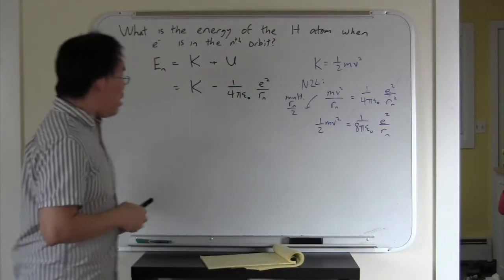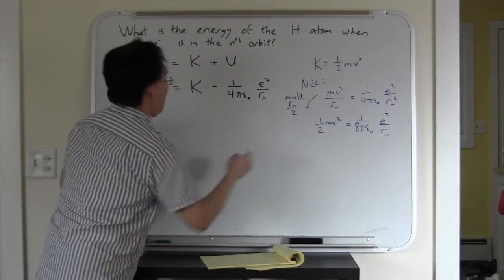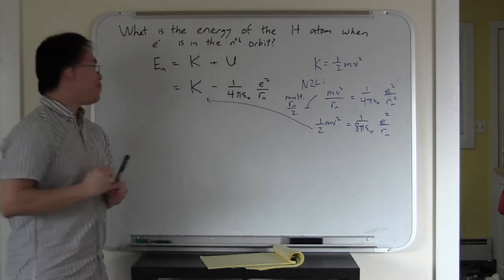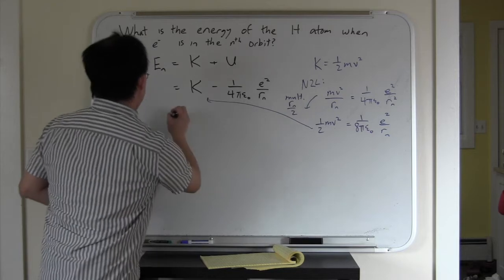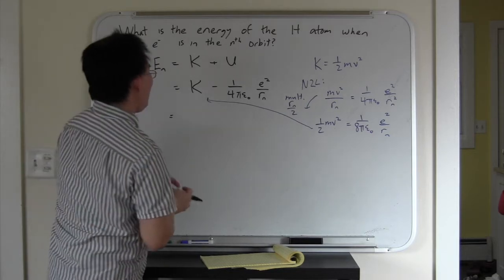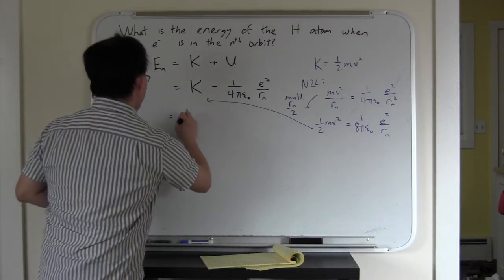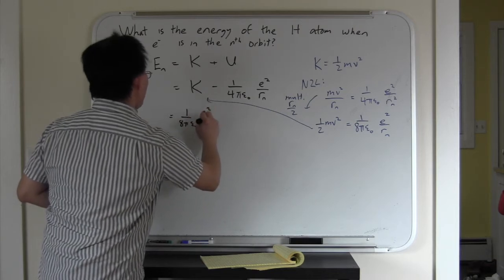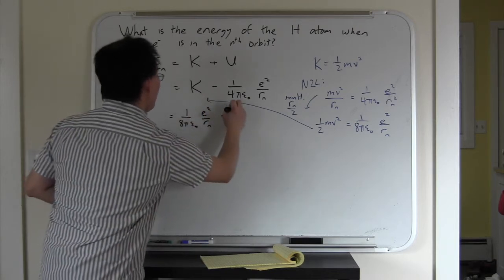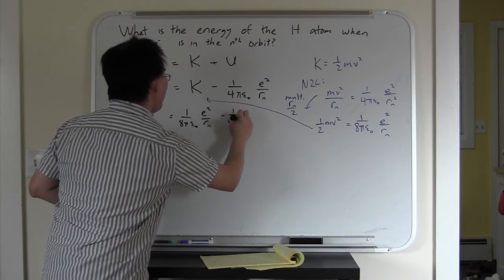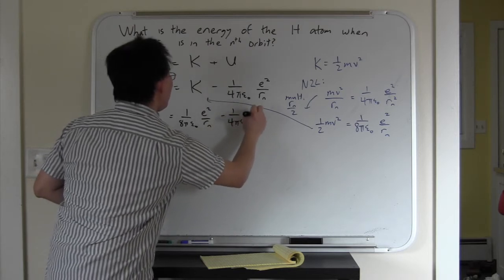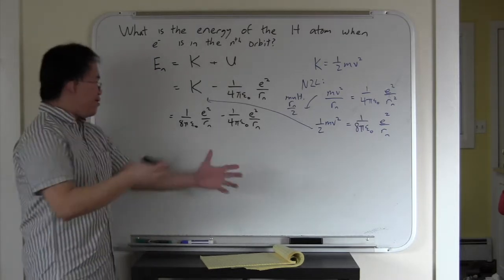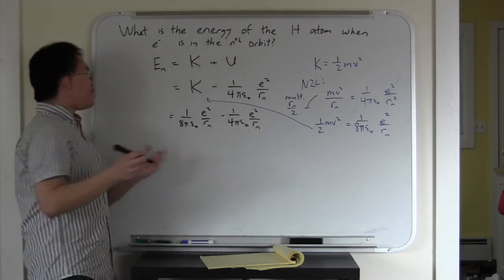Now if I slide that back in here, I have 1 over 8 pi epsilon naught e squared over r sub n minus 1 over 4 pi epsilon naught e squared over r sub n. Good, we've got two terms that have a really similar structure.